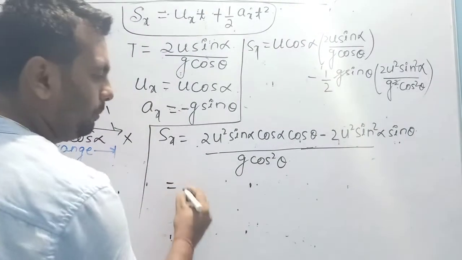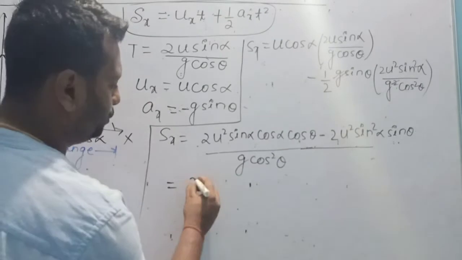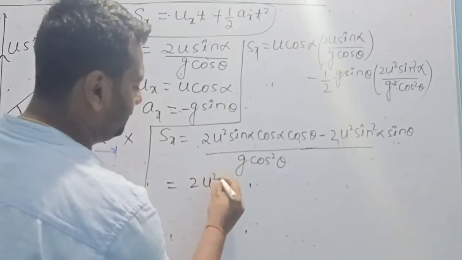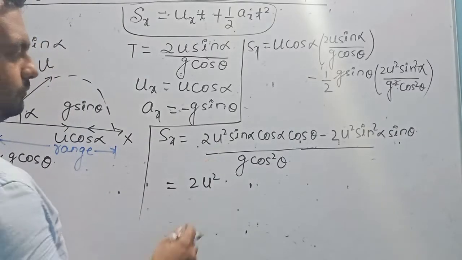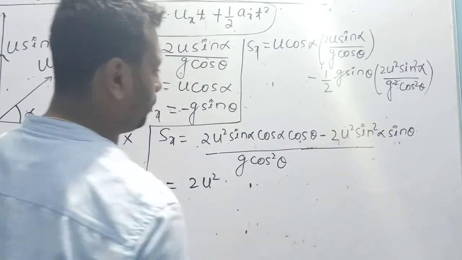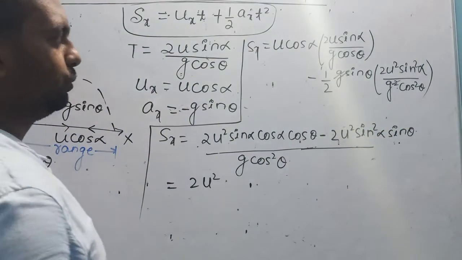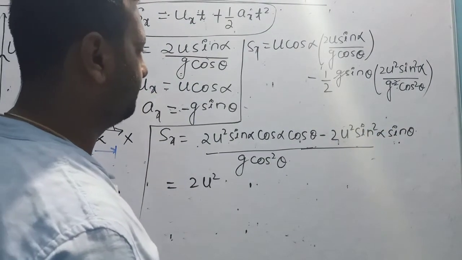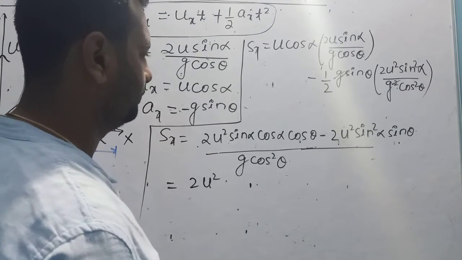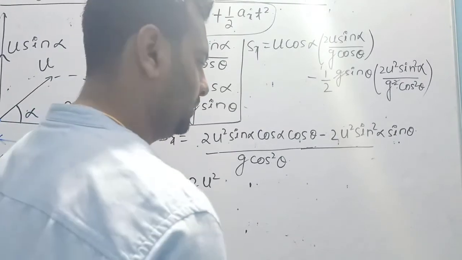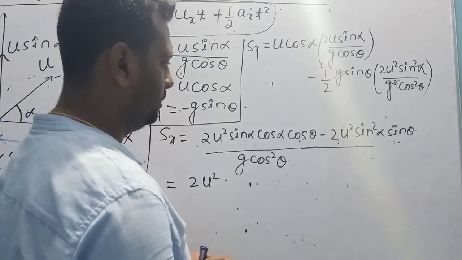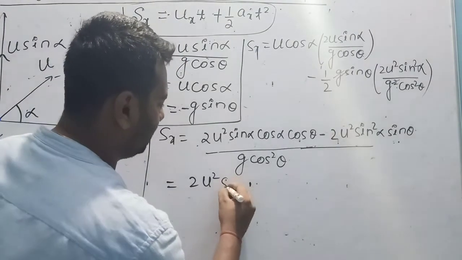Now again taking common, what will be common? 2 will be common. Again u square will be common. Again sin alpha and sin square alpha, so one term I can take common here. I can take sin alpha common.